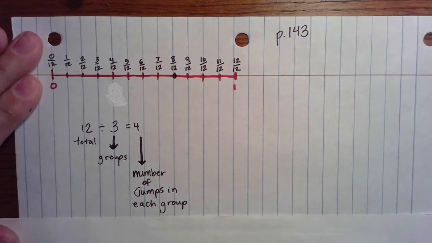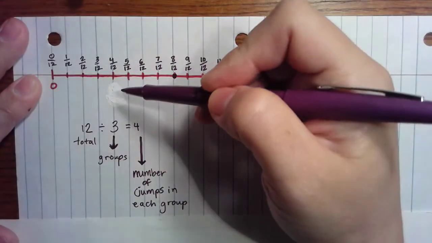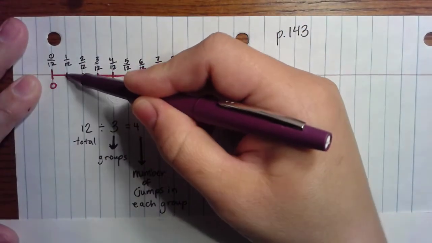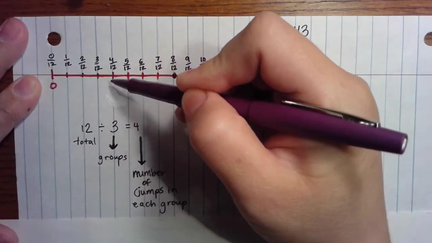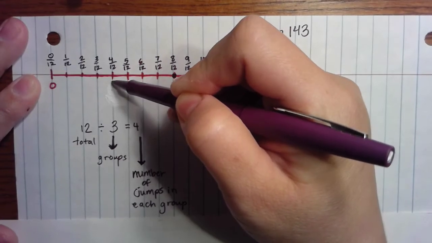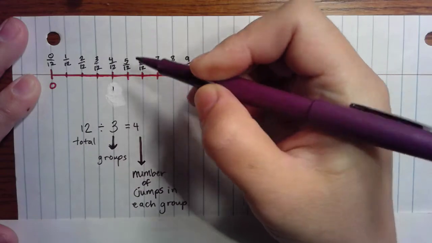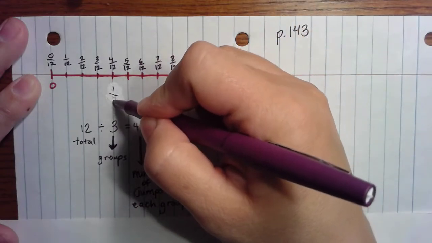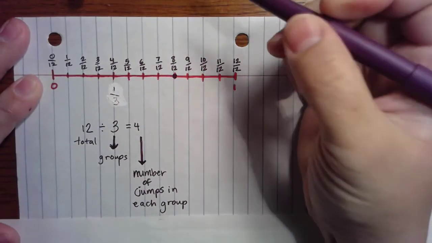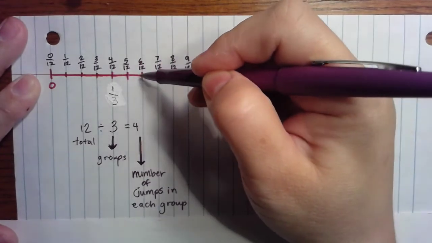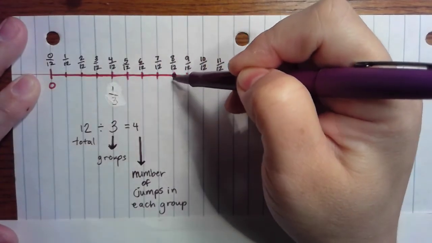in each group. So I started to do this before. So 1 jump, 2 jumps, 3 jumps, 4 jumps. So here's going to be one of my thirds. One jump, 2 jumps, 3 jumps, 4 jumps.